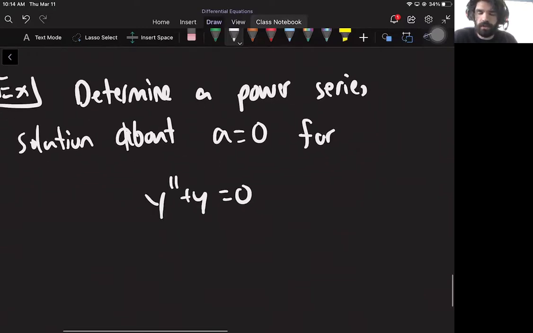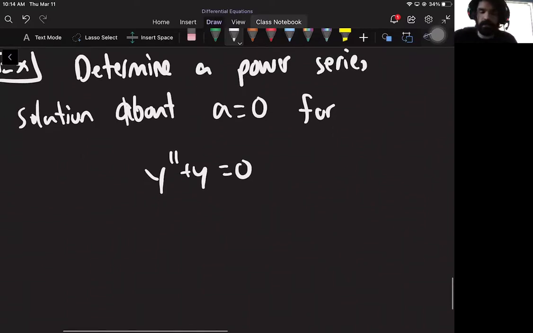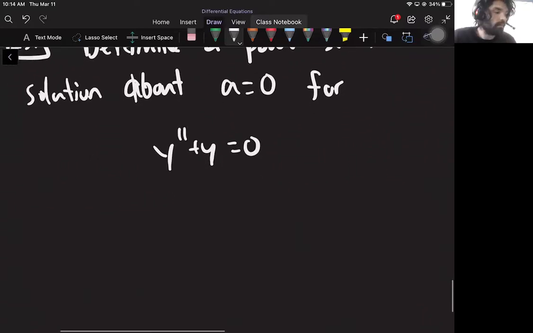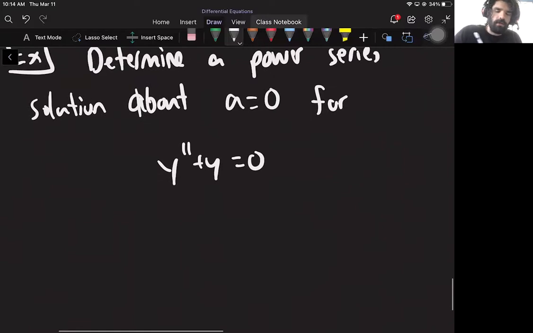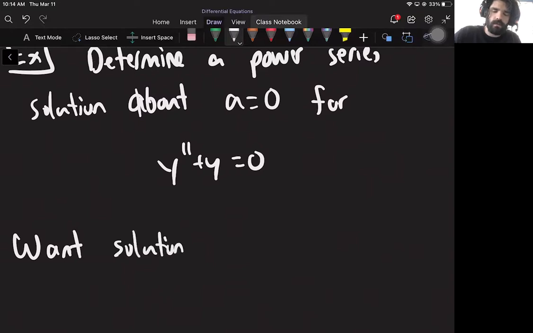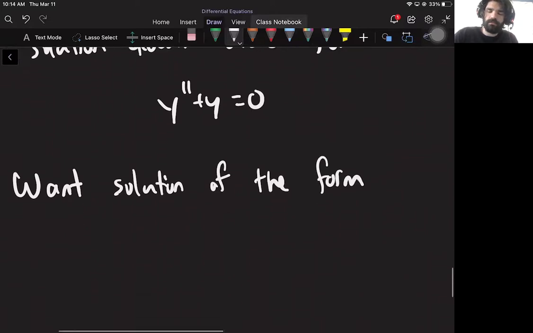So you should be able to check very quickly that you can use the characteristic equation method and get the solution. But we're going to try out a new thing. Okay, so what the idea is that we want a solution of the form of a power series.